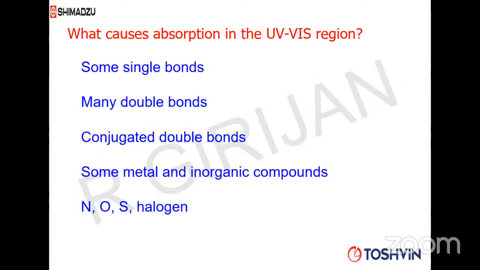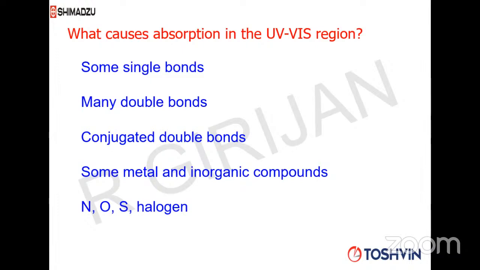Now, what type of samples can absorb UV? Some samples containing certain types of single bonds, not all single bonds. Double bonds: any sample containing double bond unsaturation will definitely absorb UV. Conjugated double bonds, in single-double positions, are highly UV absorbing compounds.